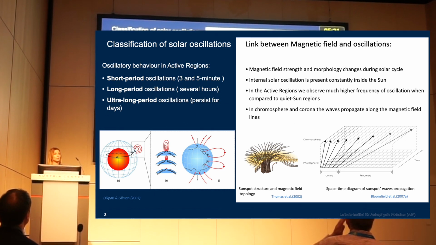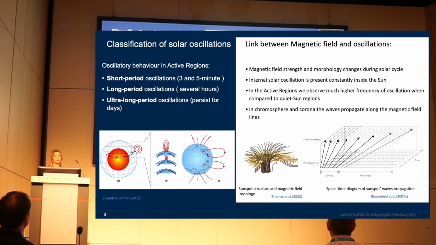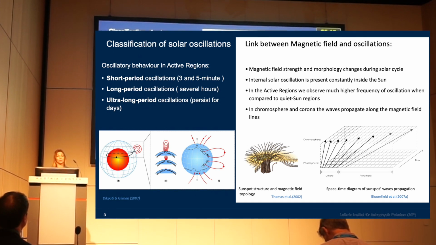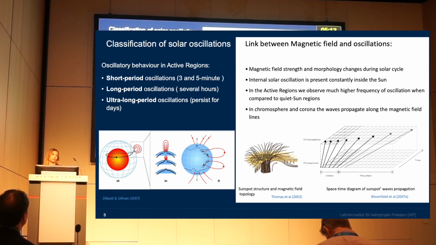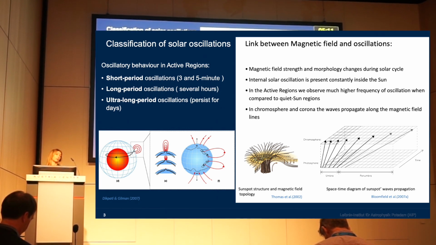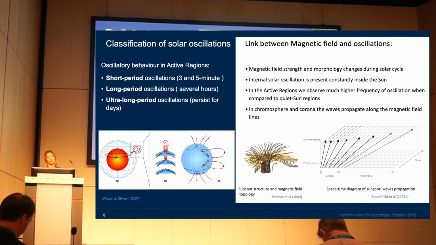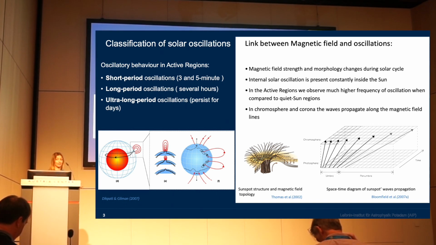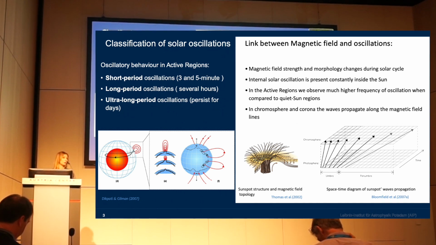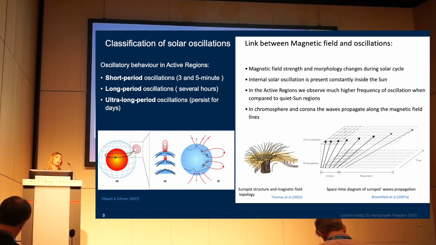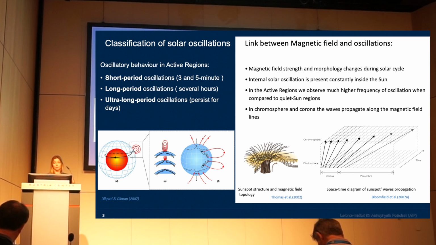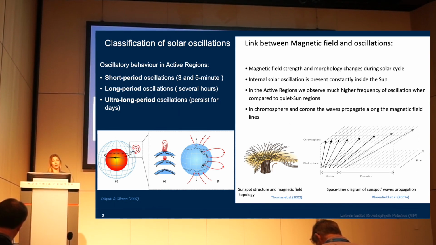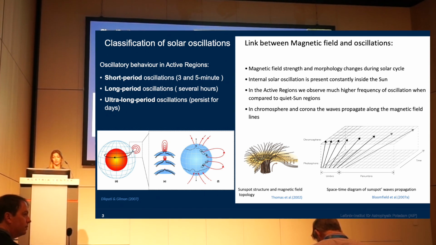So there is a link between the magnetic field and oscillations, because magnetic field strength and morphology change during the solar cycle. On the other hand, internal solar oscillation is present constantly in time inside the Sun. We observe, although, a lower dominant frequency at the solar minimum. However, this is still present there.